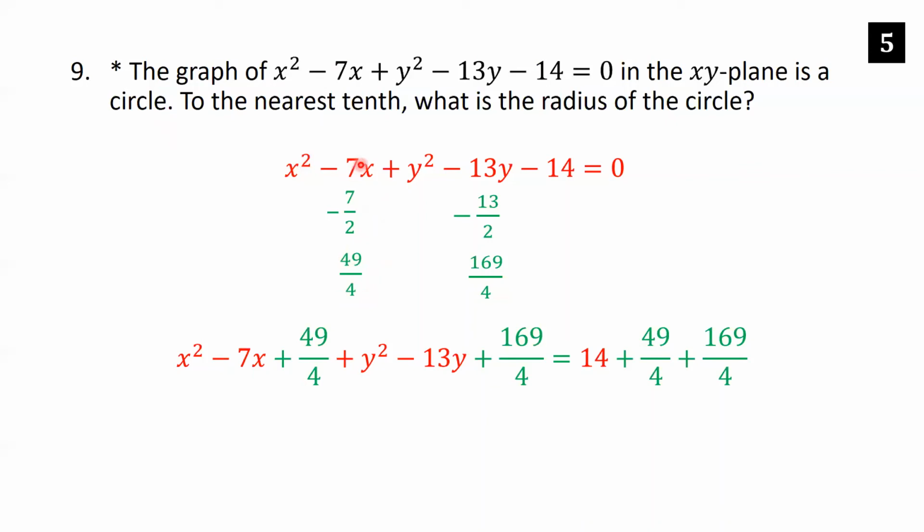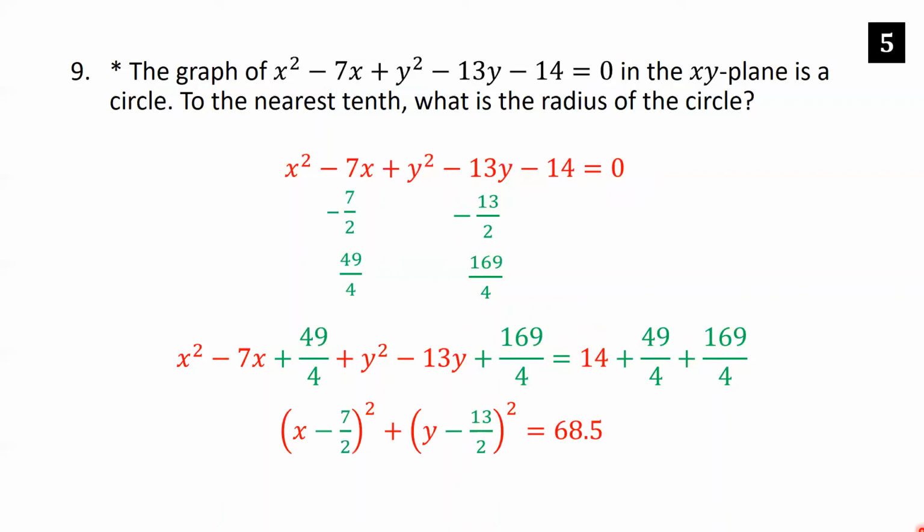So we have x squared minus 7x, and then we add 49 fourths. We do it here and to the right. And over here, y squared minus 13y, and then we're going to add 169 fourths, and we add it to the right as well. And notice I also brought the negative 14 over. I have to add 14 to each side, so it becomes a positive 14.